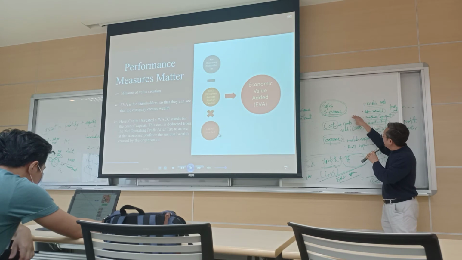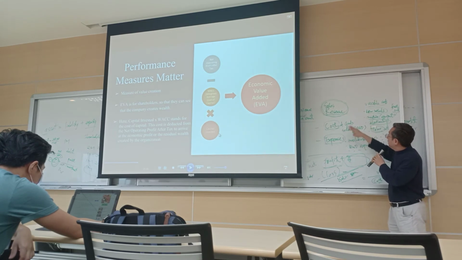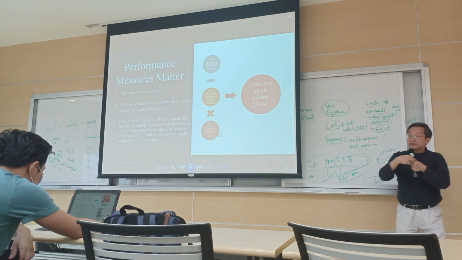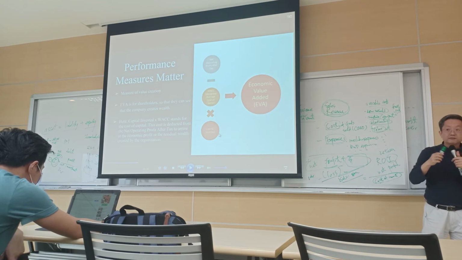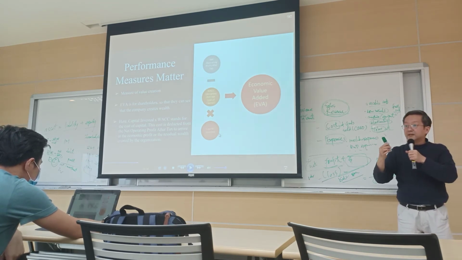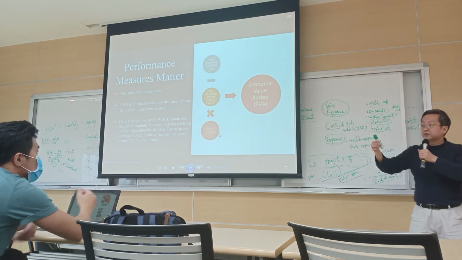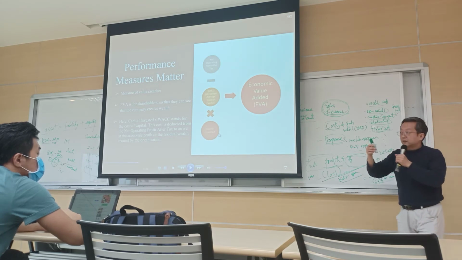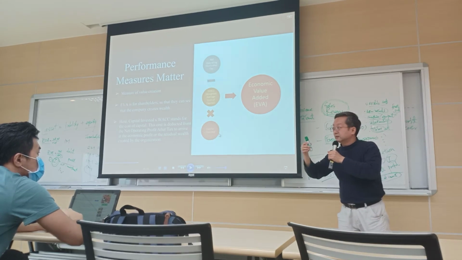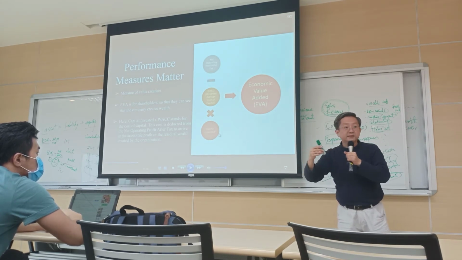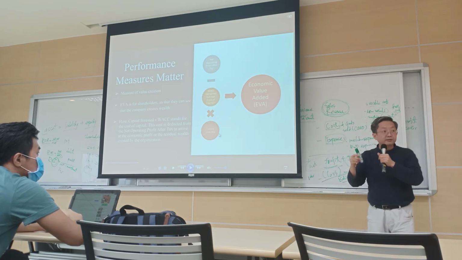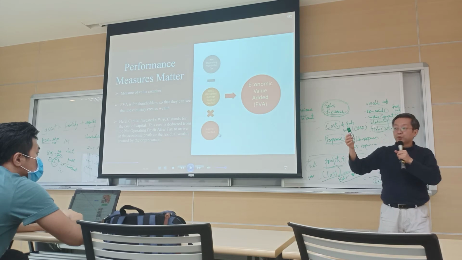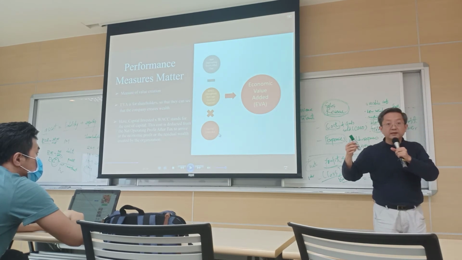Let me ask you a question. How are we going to increase sales revenue? If we produce, we have a factory in this case. Let's come back to this again. What are the management practices that we can use to increase sales revenue? If we want to sell more, what do we need to do?